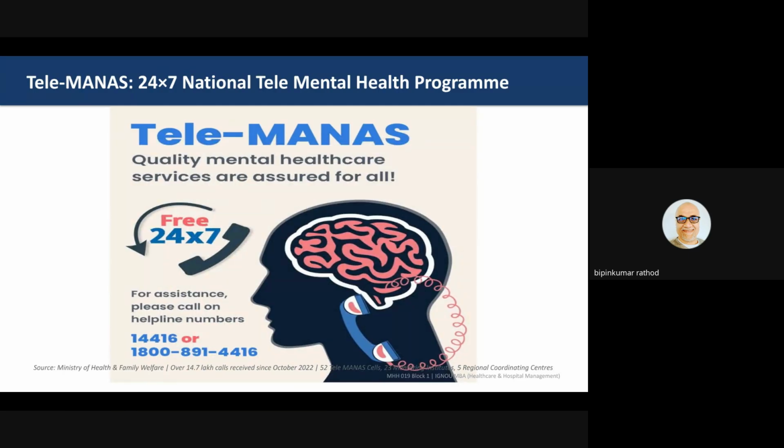Another popular digital health platform is Tele-MANAS, which is hosted by an organization called NIMHANS in Bangalore.